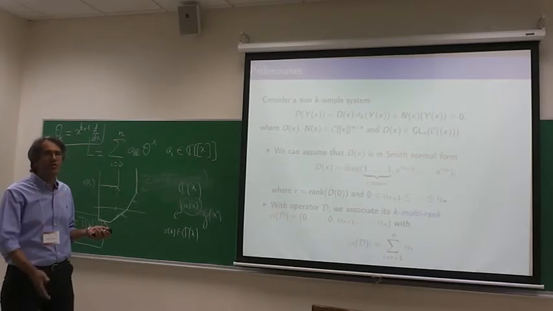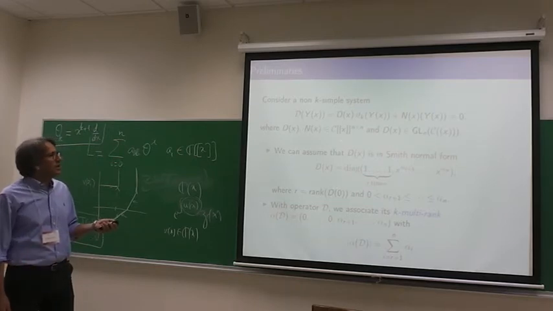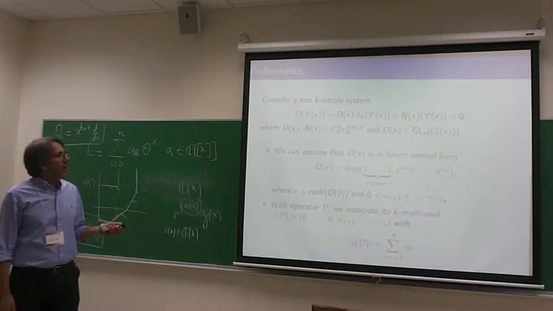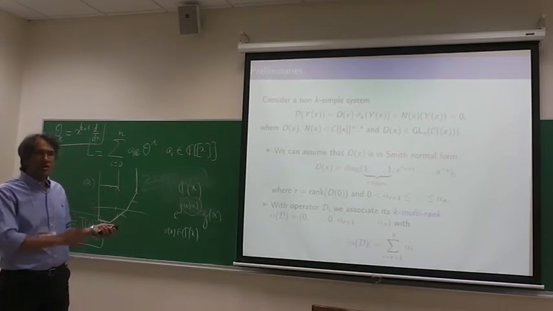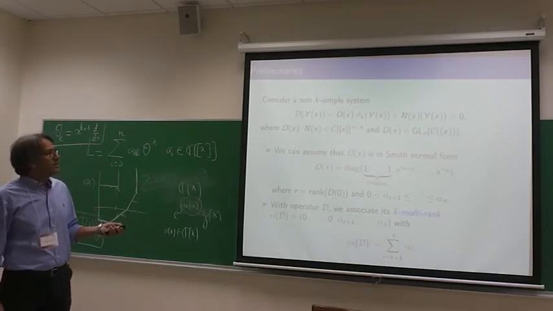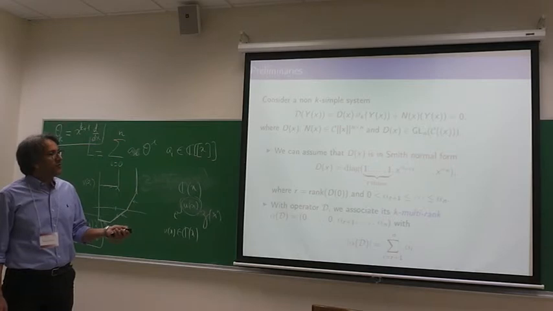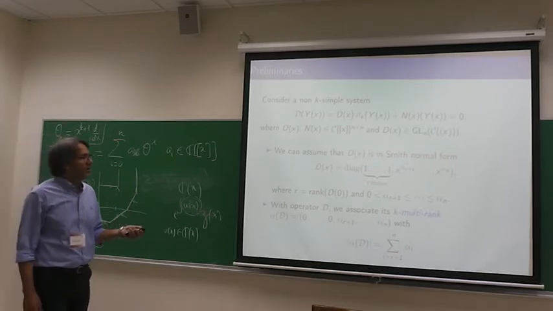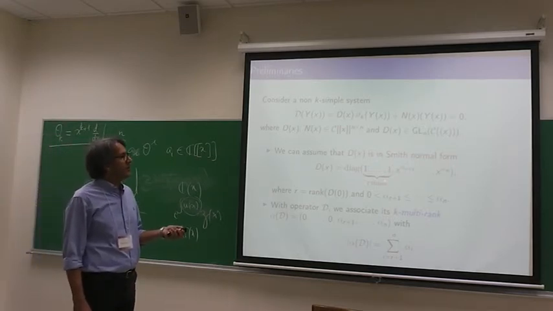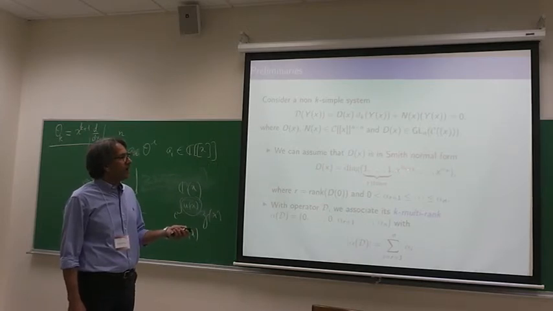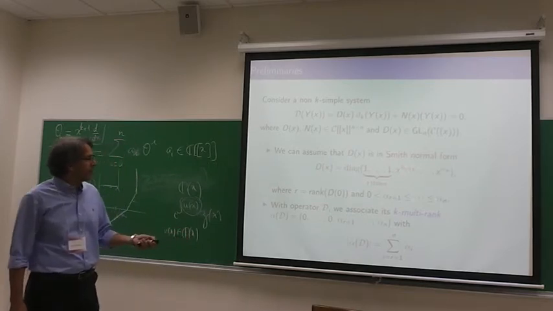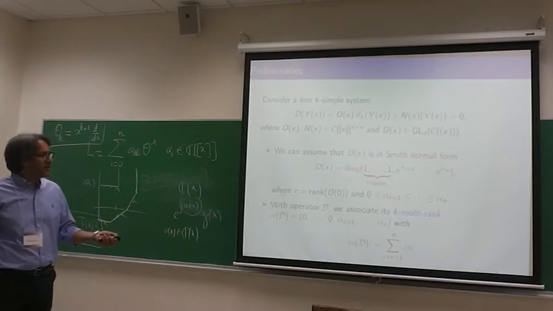In the algorithm, we do not need to compute a Smith normal form for d. But up to unimodular transformation, we can suppose that d is a diagonal matrix of this form: x to the 0, r times, and then x to the alphas, where the alphas are integers satisfying these inequalities. Okay.